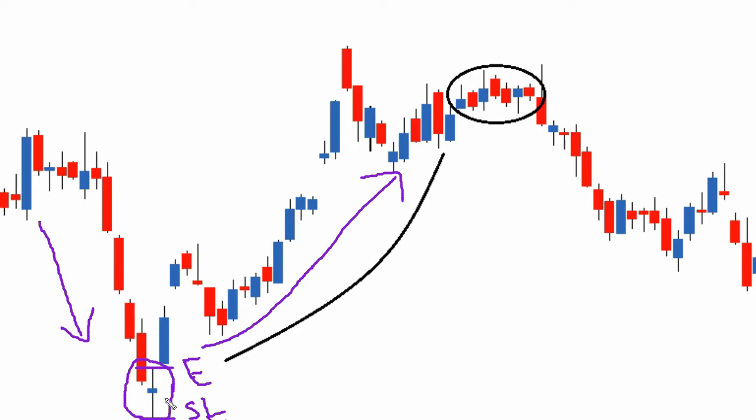The spinning top also shows the sellers' climax if it is made at the bottom, and if on the next candle the high of the spinning top breaks, then it confirms that buyers have taken control of the market and they can give a strong bullish rally, as you can see on this chart. So finally we can conclude that this spinning top is a bullish spinning top.